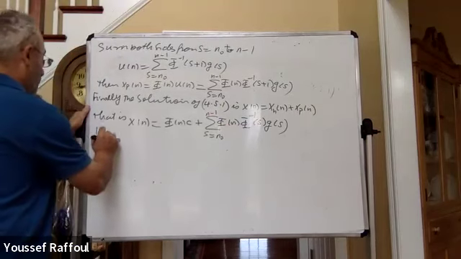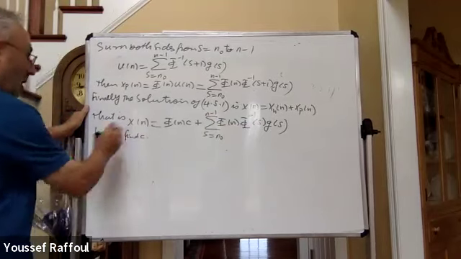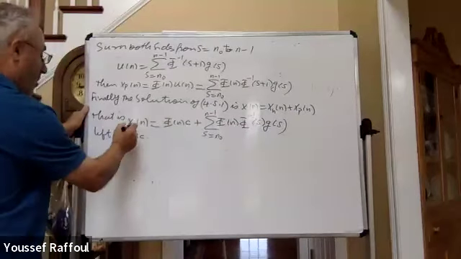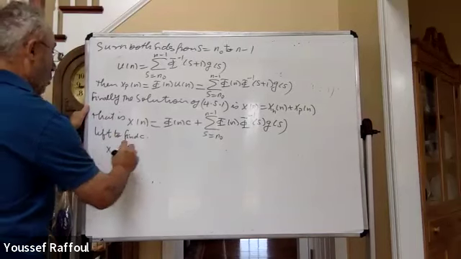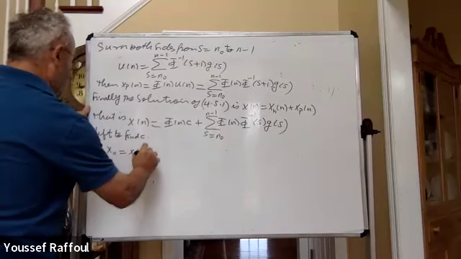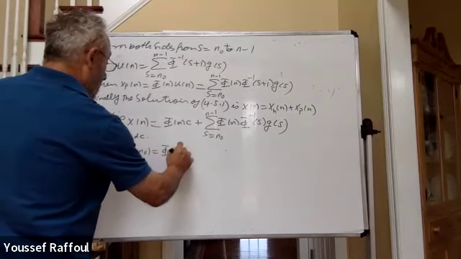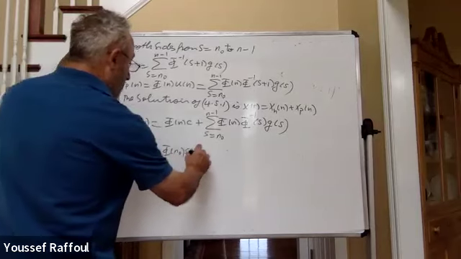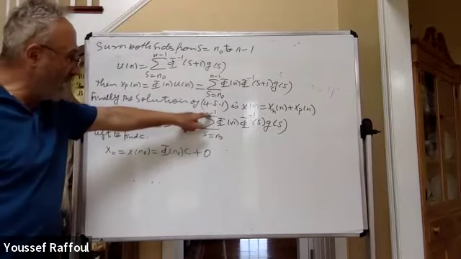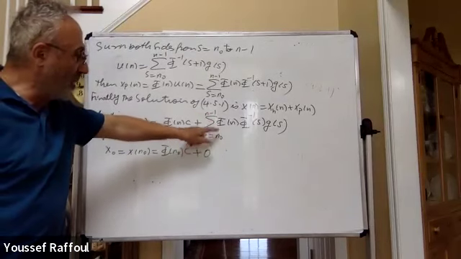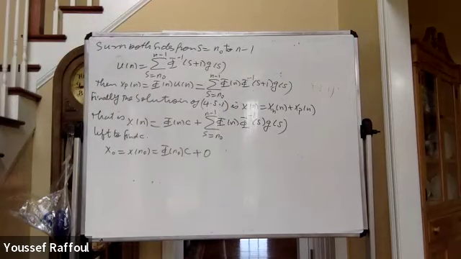Now, let's define c. So we know x(n0) = x0 equals Φ(n0)c plus 0. Again, if I replace n by n0, the sum from n0 to n0−1 is automatically 0.